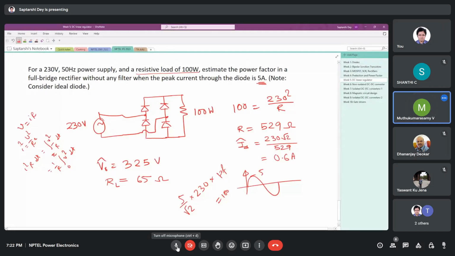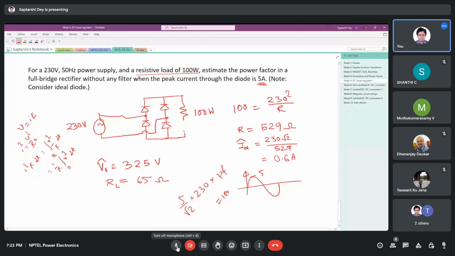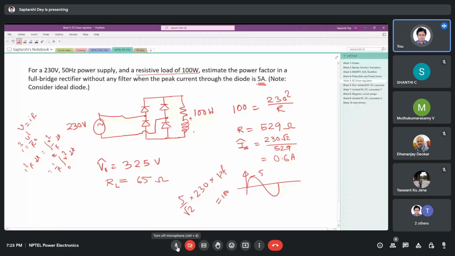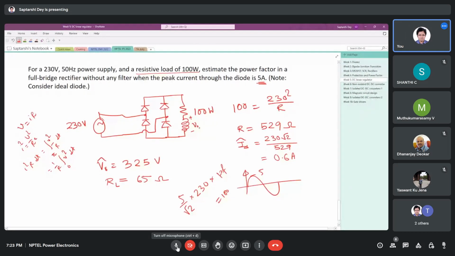Even if I consider it is not a resistive load, say I consider it's heavily inductive load, then also, see, even if you have a large or small inductor, the average voltage across the inductor is zero.